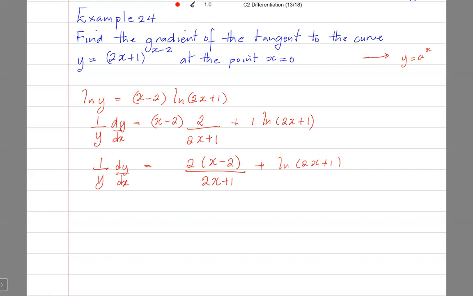Next I'm going to bring this y from there to here and put this in a bracket.